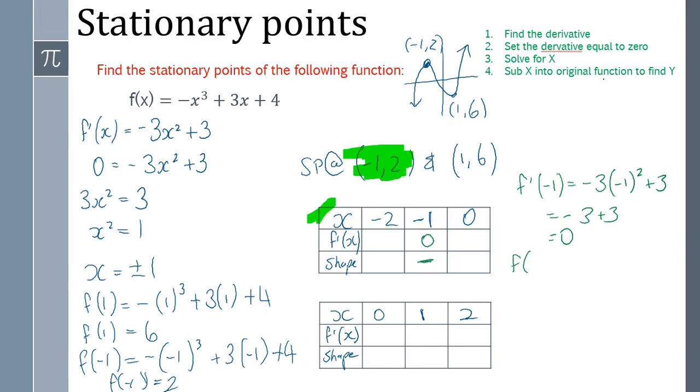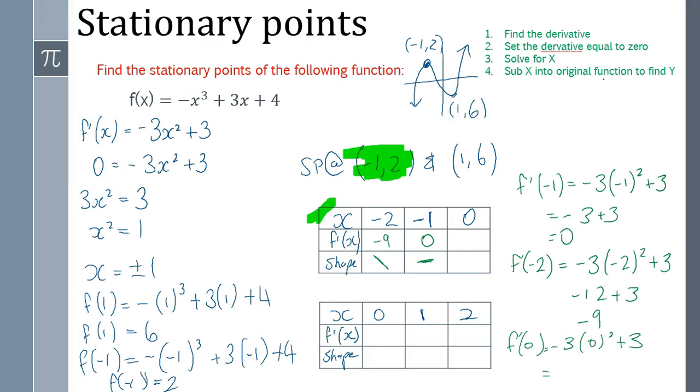Then I'll go with -2. -2 squared is 4, -12 plus 3 is -9. So that's a -1. And f dash x of 0 equals 3. So that one there, the green one, is a minimum.